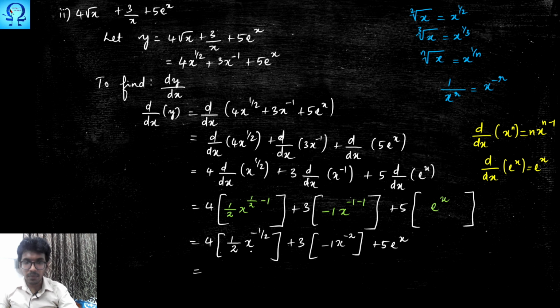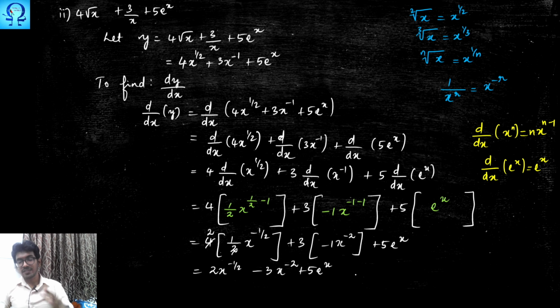We are multiplying these things. So this 2 with this 4 gets cancelled. So we have 2x power minus 1 by 2 plus 3 into minus 1. So this becomes minus 3 times x power minus 2 plus 5 e power x. If you have a negative power, take that to the denominator and make it a positive power as we have here.